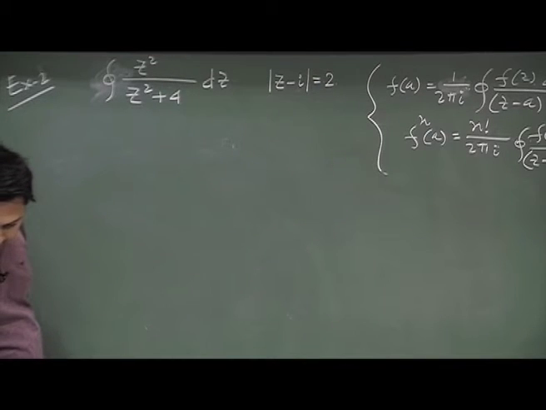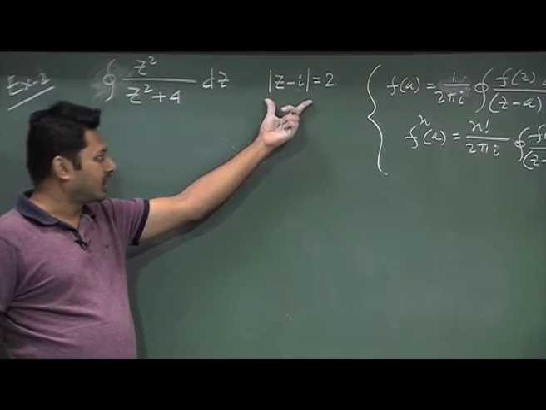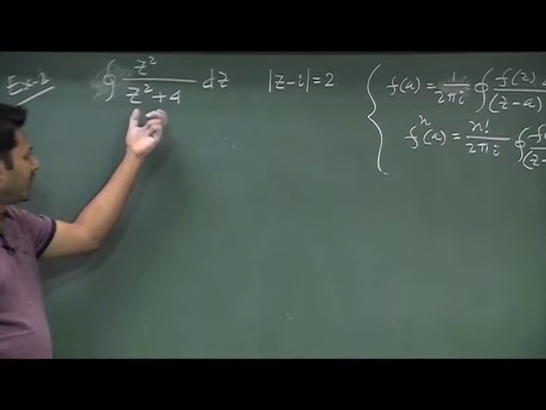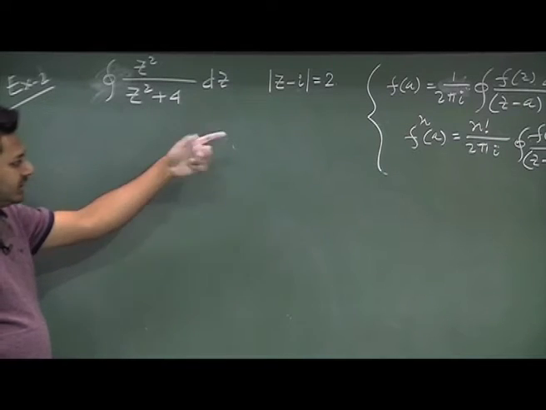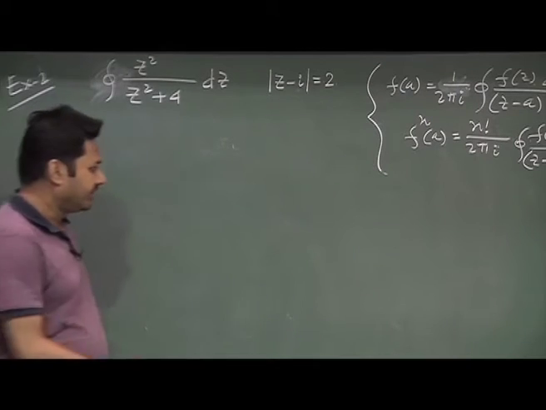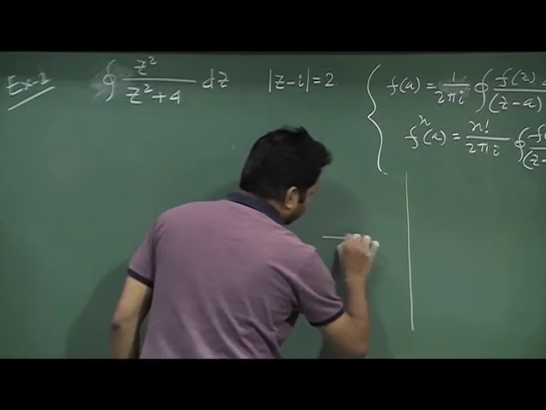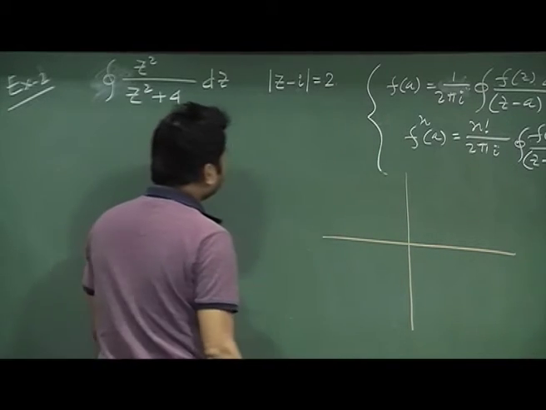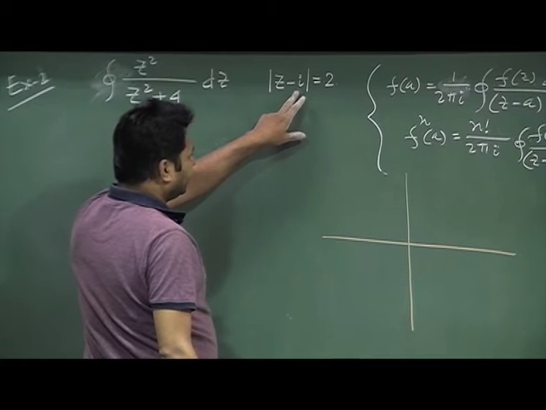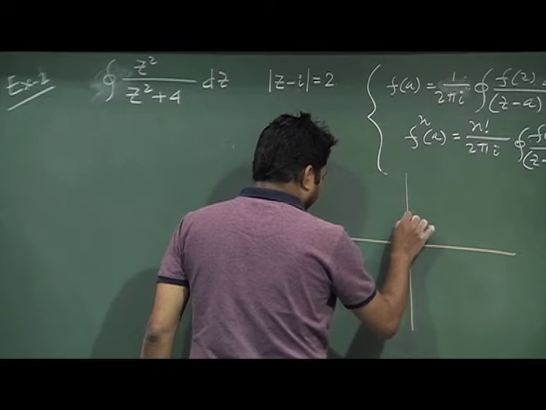Before doing anything, first I need to draw this region, what region they are talking about, and then I need to find out where the singularities are, and accordingly I calculate using that formula. So first the region. Let me draw the region here. |z minus i| = 2 means my center is somewhere here.